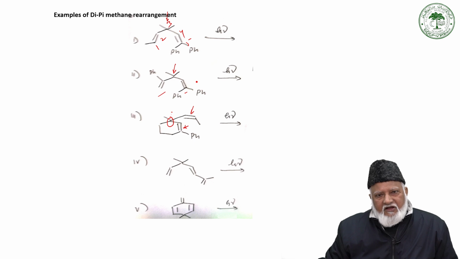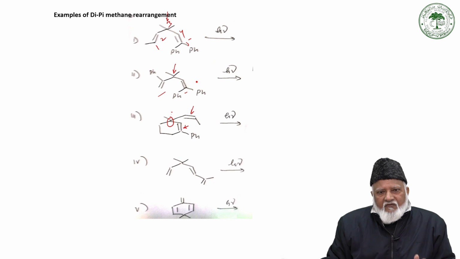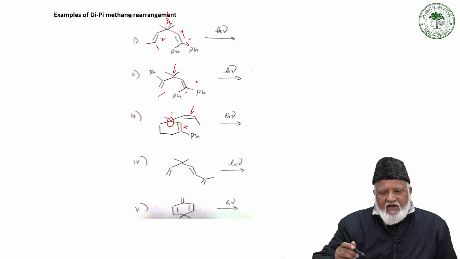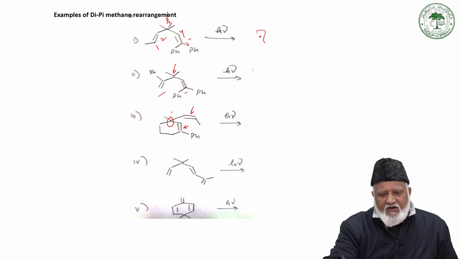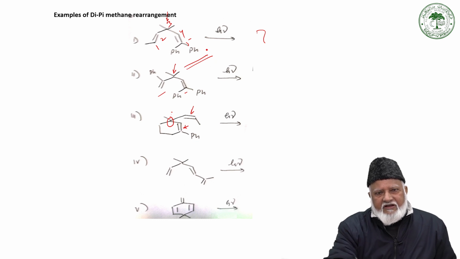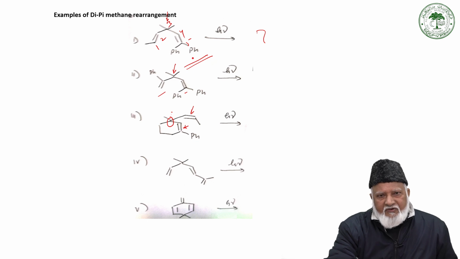Now we'll look at these examples one by one and see what the product is and why it gives exclusively one as the major product. So whenever you have a system like this and you are asked to write the product, you very critically look at the substrate and see the chromophore present in it.